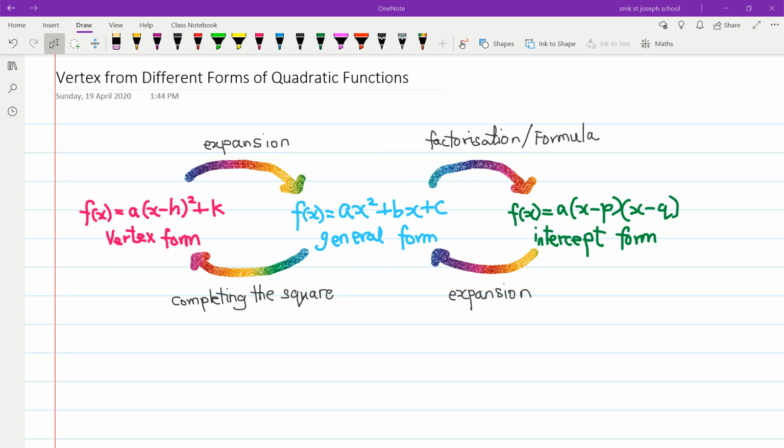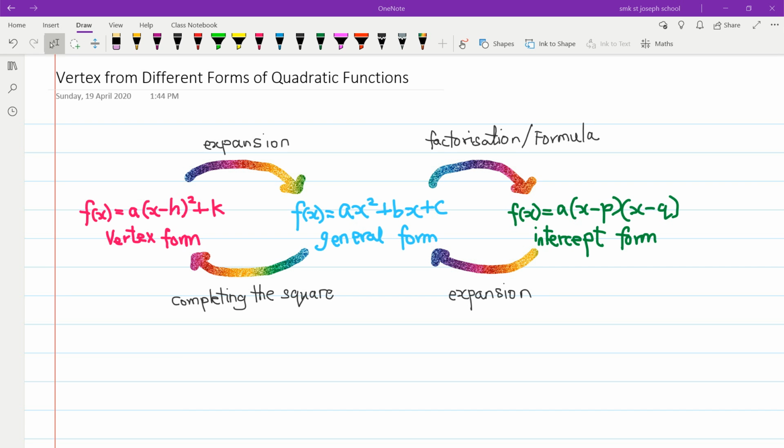A quadratic function can be expressed in various forms. As we can see here, we have the more commonly used general form in the middle, and we have the vertex form and also the intercept form.